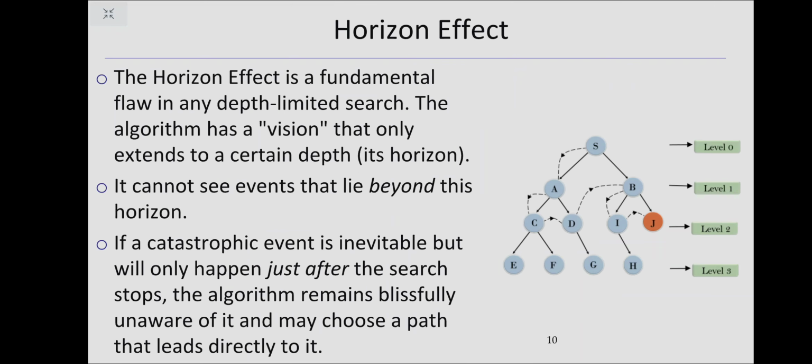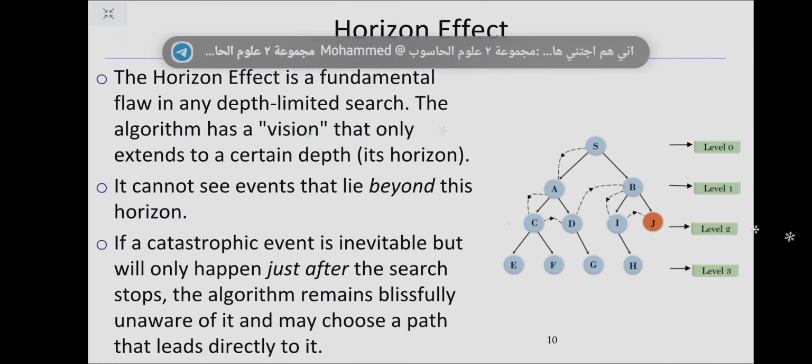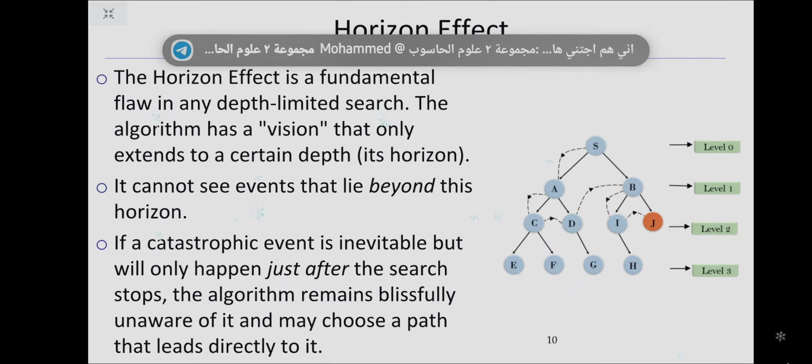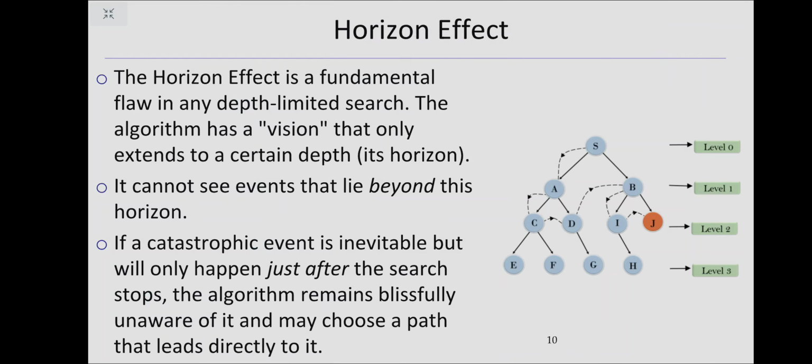To explain better, I define the horizon effect as a drawback of depth limited search. In depth limited search, for example, in this tree, you limit your attention to, for example, level 0 and level 1.